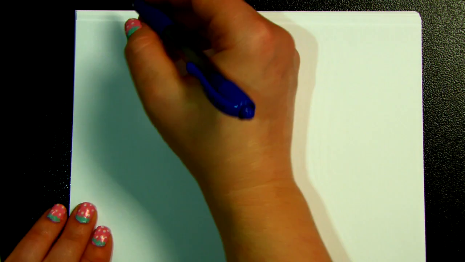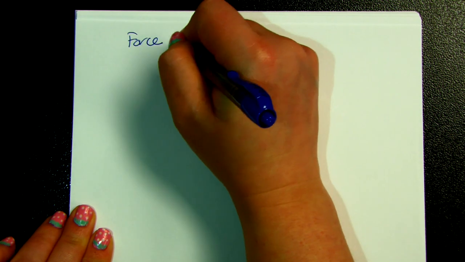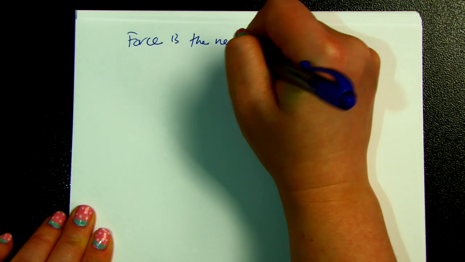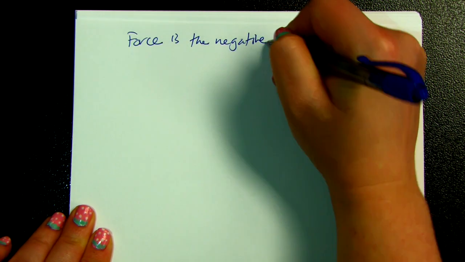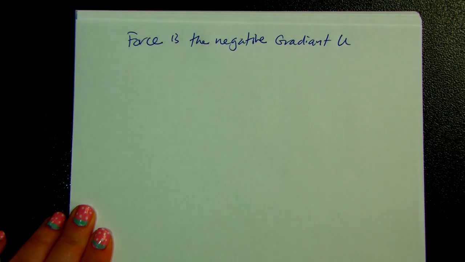I want to introduce a concept that we're going to develop more and more in the classical class as we move through the course. Right now I'm just going to introduce it. Force is the negative gradient of potential energy.